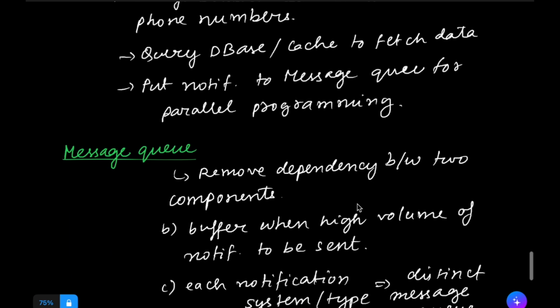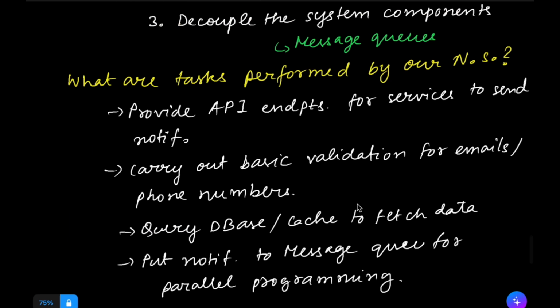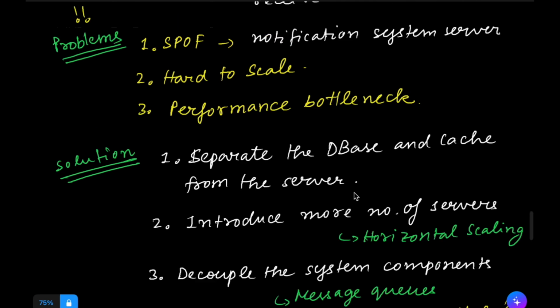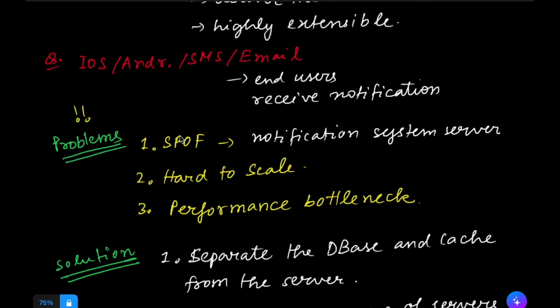So these are overall the components which we introduce to smoothen our design, or to address the problems which we faced in our initial design of the notification sending and receiving flow.